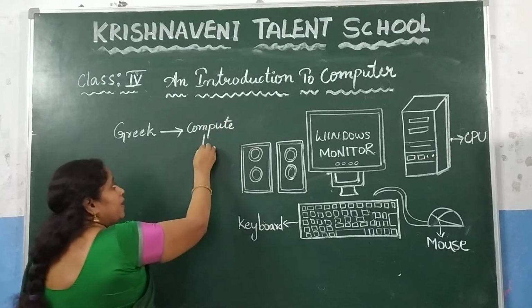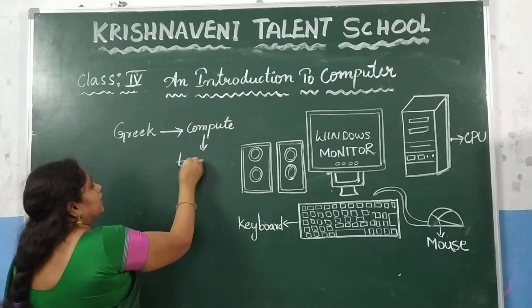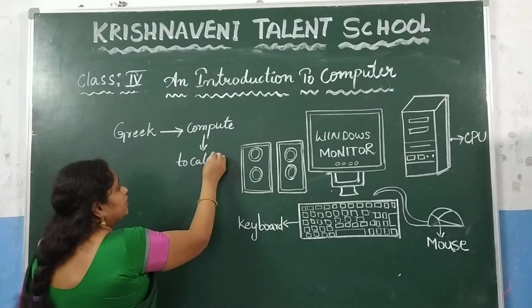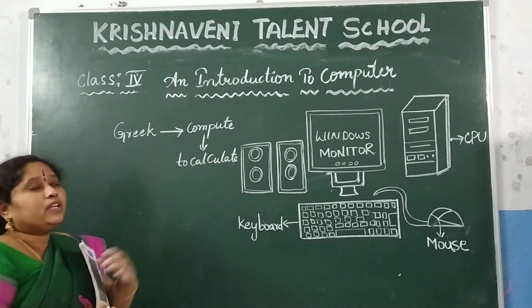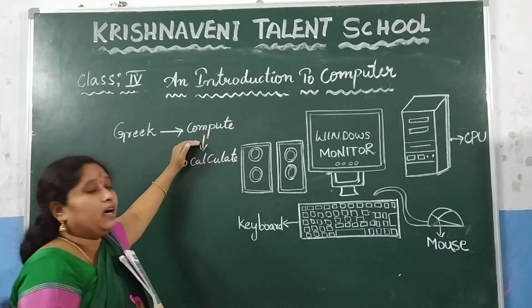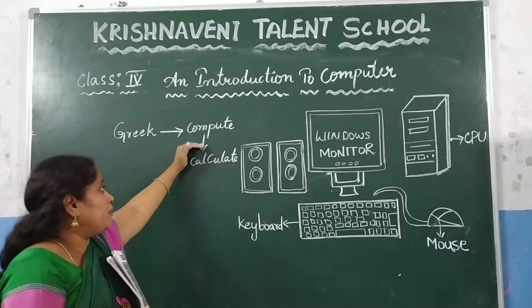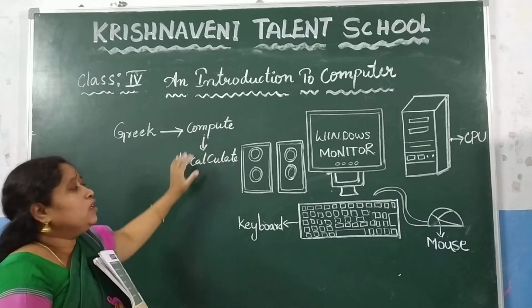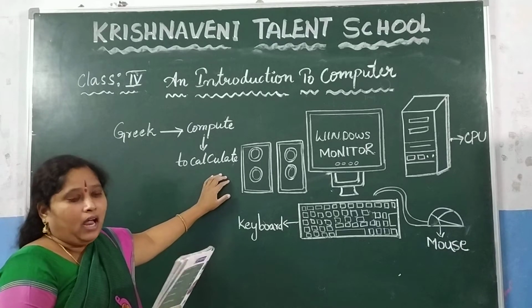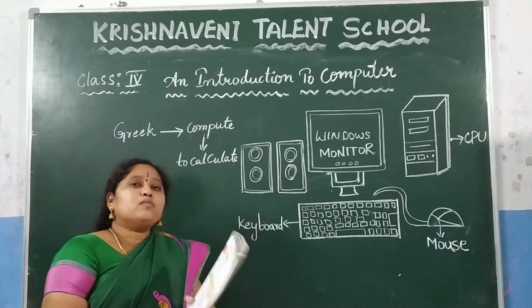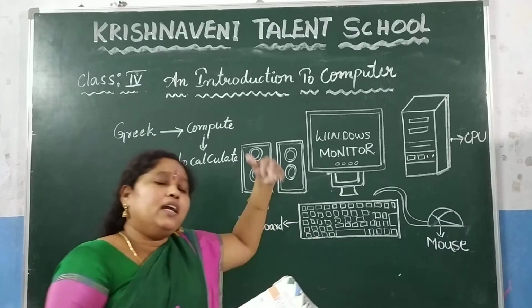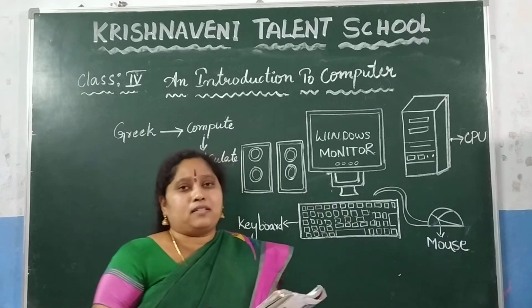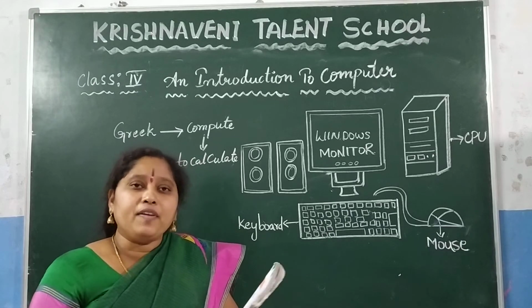So what is meant by compute? To calculate. Understood children? So it is more than a calculator. Why? Because not only calculations, it is performing so many tasks which have been given in the form of instructions.